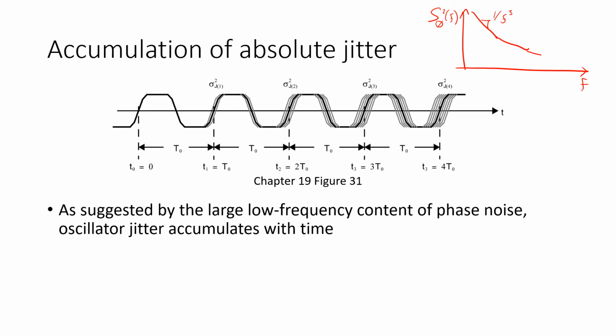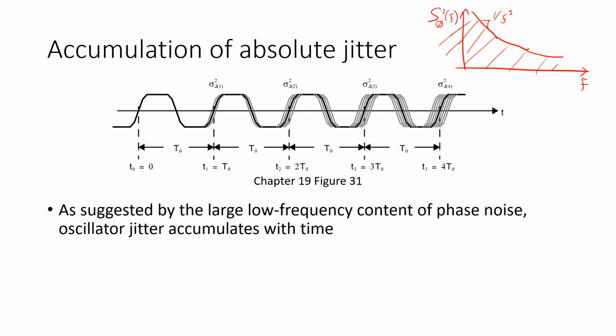Now if we integrate the area under such a plot all the way back to DC, we find that the integral diverges. And so what do we make of this? This suggests that the absolute jitter of a practical oscillator output is in fact infinite.